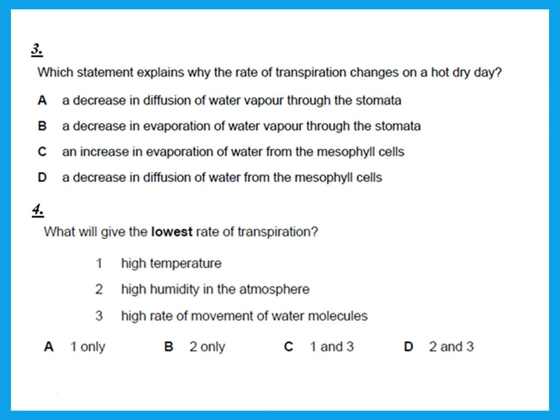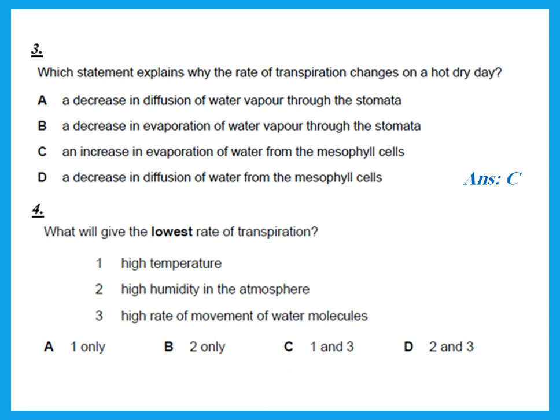So if I have a hot, dry day, we have increase in evaporation of water from the mesophyll cells, not decrease in diffusion. If we're talking about diffusion, you'll actually have more diffusion on a dry day. So all my choices that say decrease in diffusion are wrong. Decrease in evaporation, that's wrong. So the only correct choice is increase in evaporation.